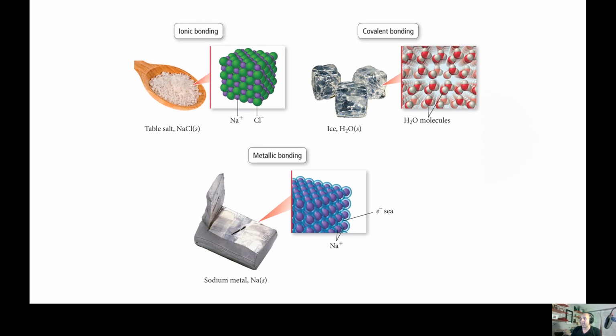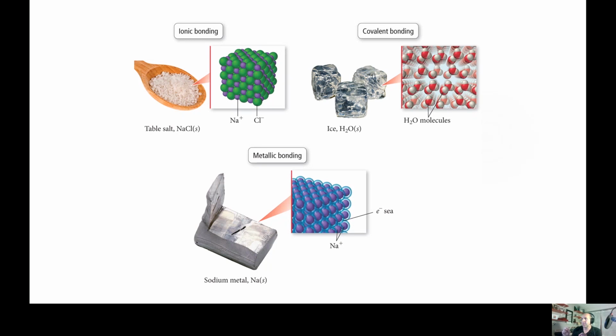If we look at the three general types of bonding that we are going to discuss, we've got ionic bonding. For example, table salt, sodium chloride, is the archetype of ionic compounds, where we don't really have molecules. There's no such thing as a molecule of sodium chloride.